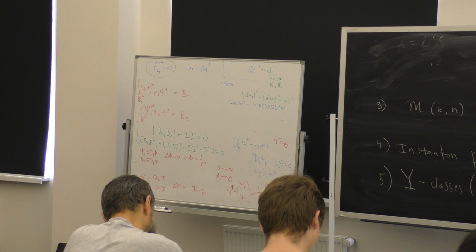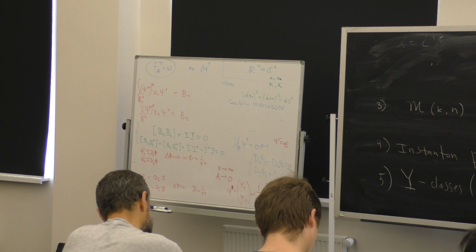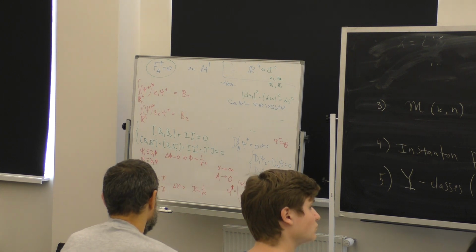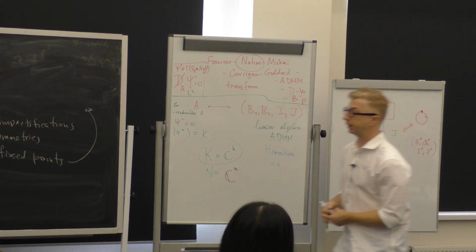This is the quiver with one vertex and one loop. So when you unpack the structure, that's the structure which you will get.